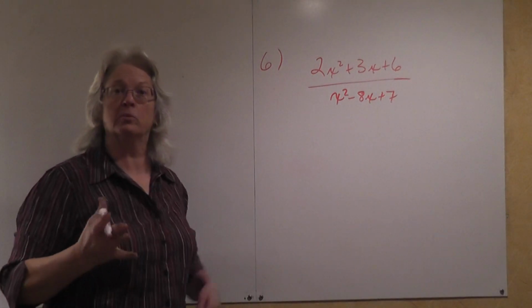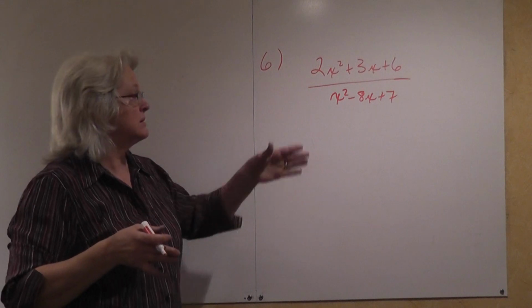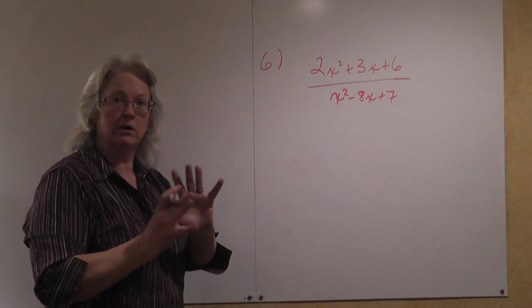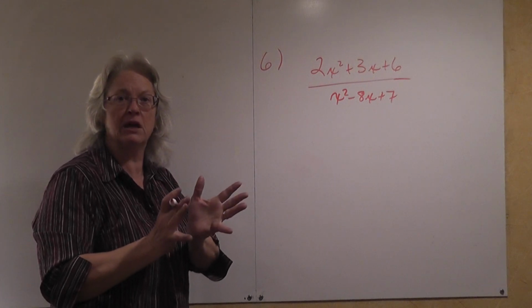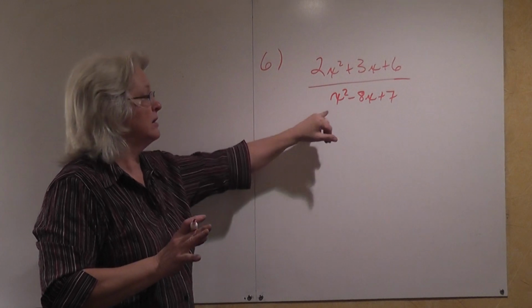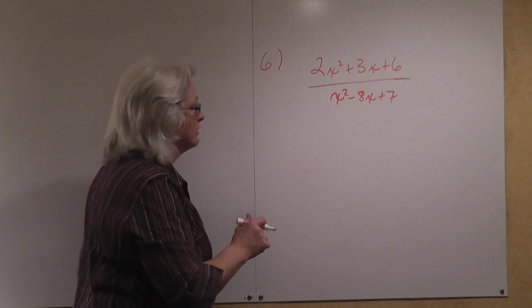We have to determine what values of x substituted in here will give us a denominator of 0, because our rational expression is undefined anytime we have a denominator of 0.